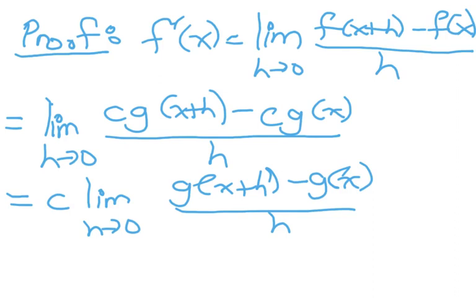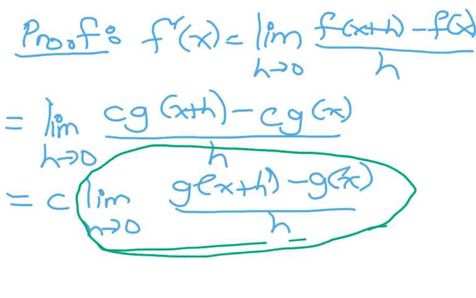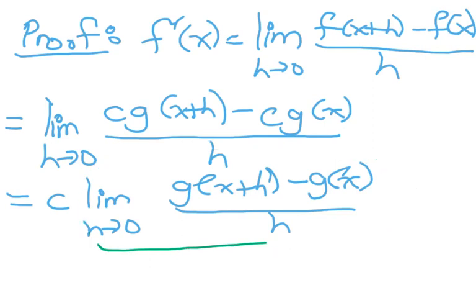Lastly, we notice that what we're left with looks like the definition of the derivative. In fact, it absolutely is, but it's the definition of the derivative of the g function, not the f function. In other words, this is equal to c times the derivative of g, which is exactly what we wanted.